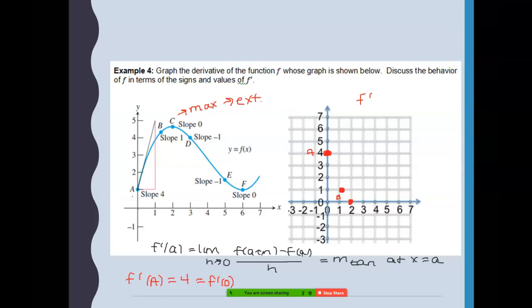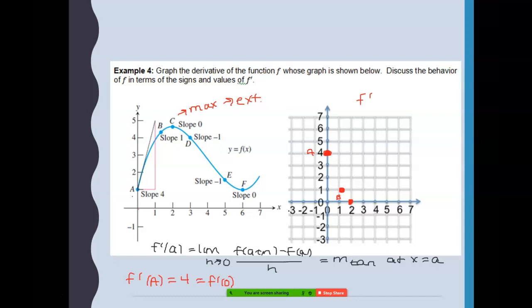In physics, that's where velocity is equal to 0, because if the function is changing, it's where it goes from increasing to decreasing, or its position goes from forwards to backwards. So the velocity is 0 at an extrema, or you can say the derivative is 0 at an extrema. At point D, which looks to be about 3, our slope is -1.